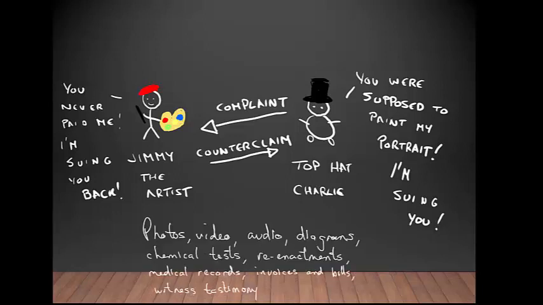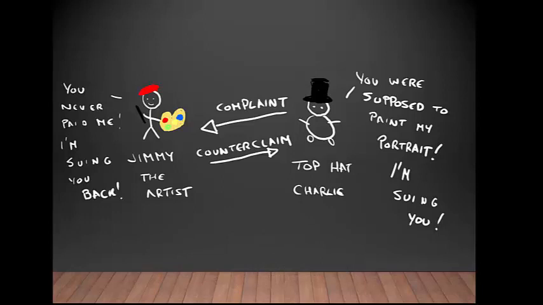So, types of evidence: photos, video, audio, diagrams, chemical tests, reenactments, medical records, invoices and bills, witness testimony. Those are all different examples of the types of evidence that can be requested and collected.